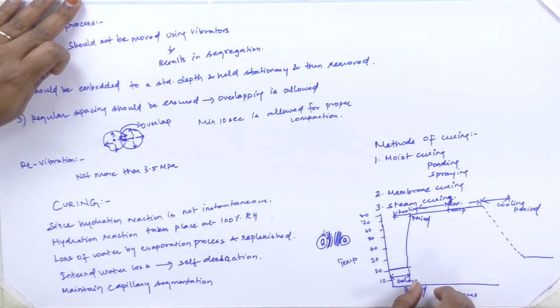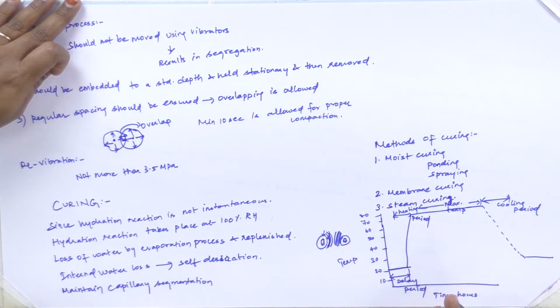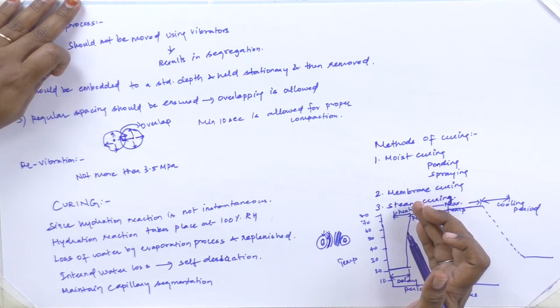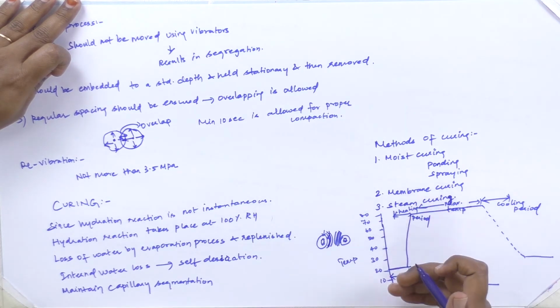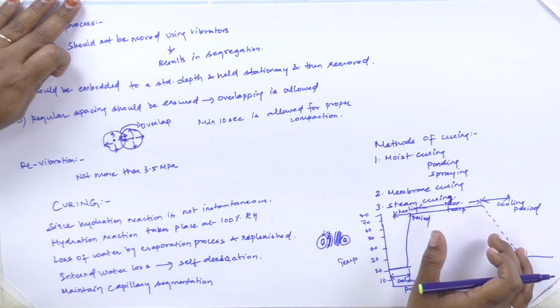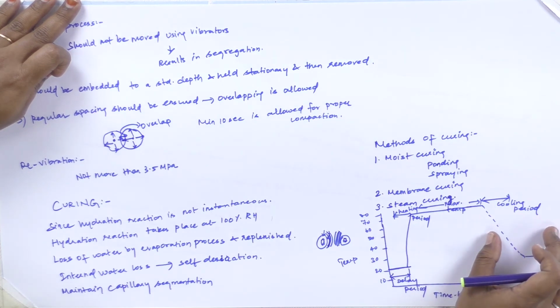So in order to prevent that and also the other durability issues, the fresh concrete should be subjected to a low temperature for a minimum duration, and then the temperature to which it is exposed can be raised, and after maintaining it for a certain period, we can again cut down the temperature, that is the cooling period.